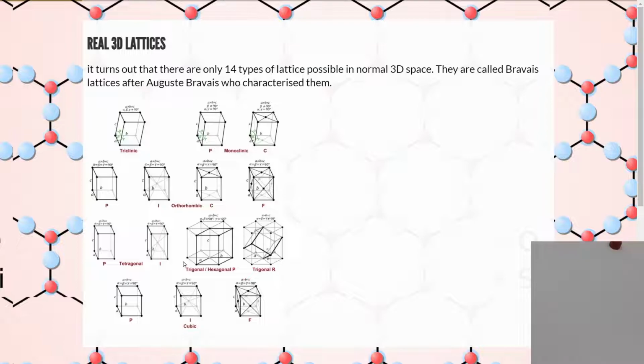And then 4 in the face-centered one. There are six faces, and each is shared between 2 cubes, so faces get half, so 6 halves is 3, and then 1 from the corners as well, so 4.